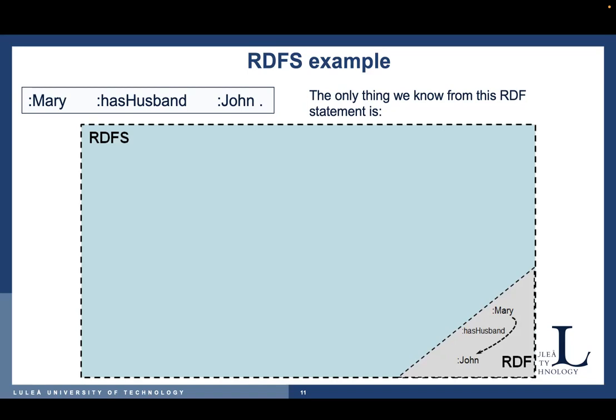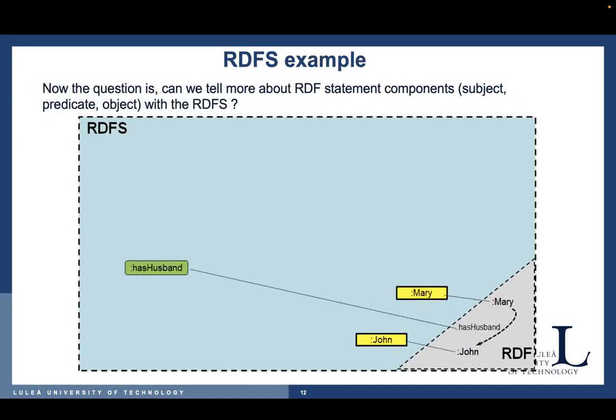Now we are about to see how this elsewhere can be constructed. So we start with Mary and John, which is actually the assertion part of the ontology, and the property has husband.